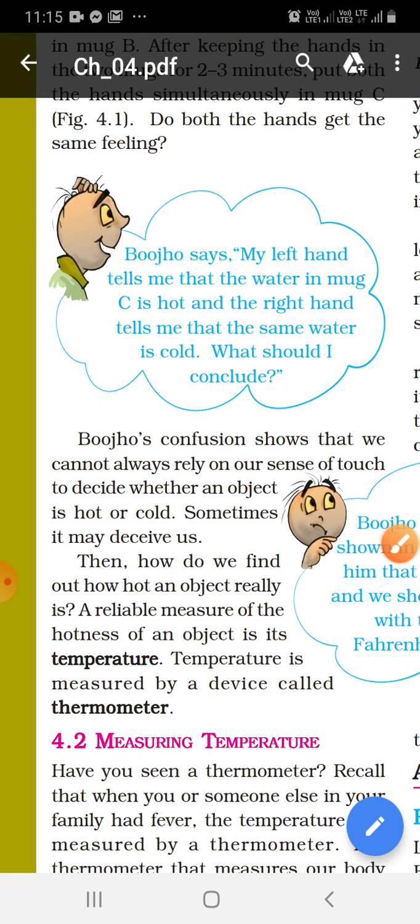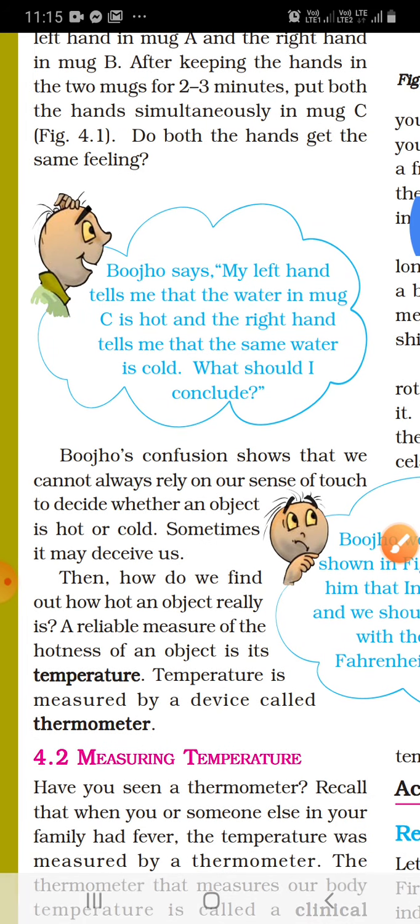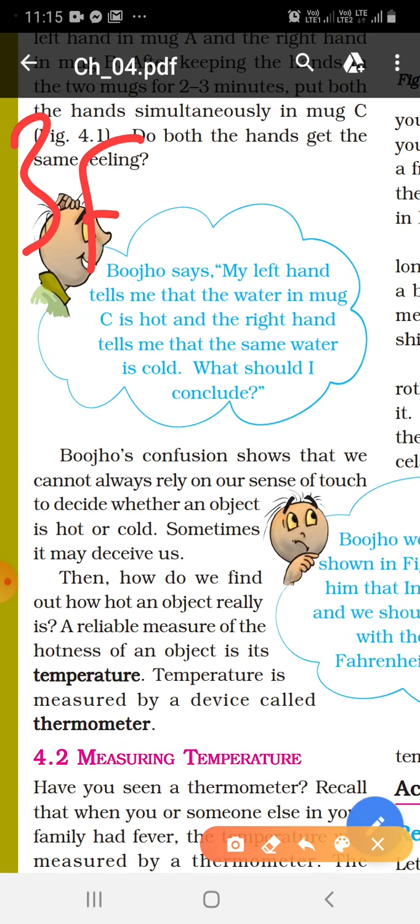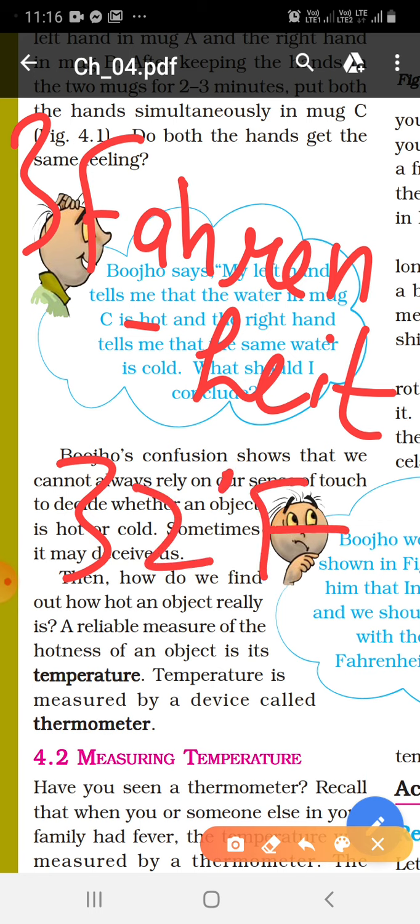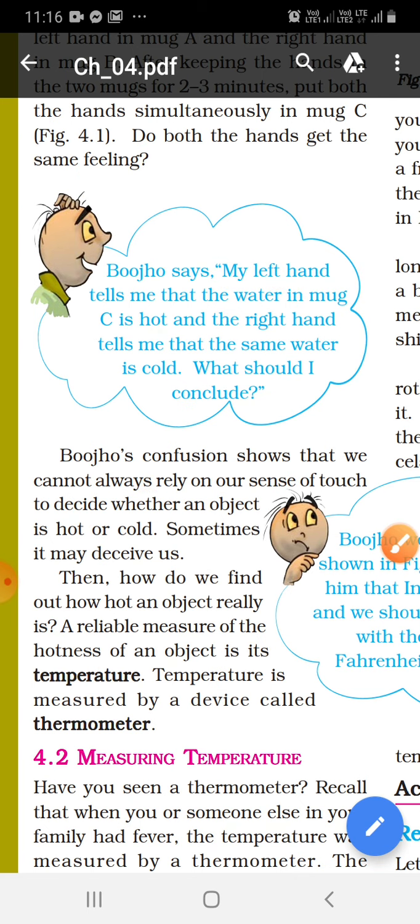Third is Fahrenheit scale. In this scale, 32 degree Fahrenheit is freezing point of water, and 212 degree Fahrenheit is boiling point of water. And there is also a certain relation between these scales. What is that relation?